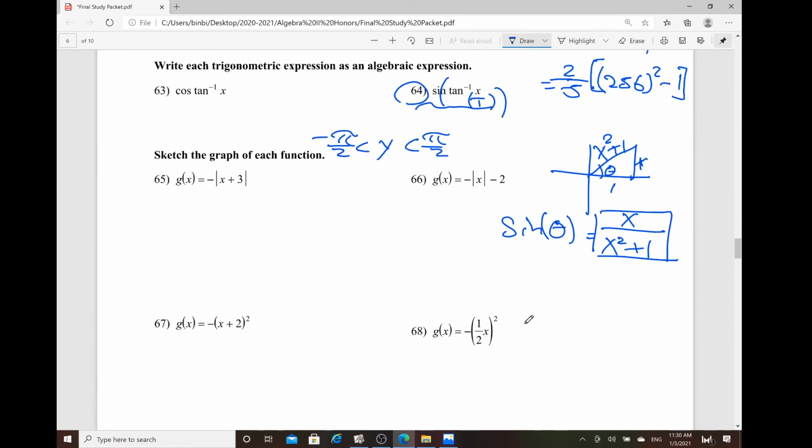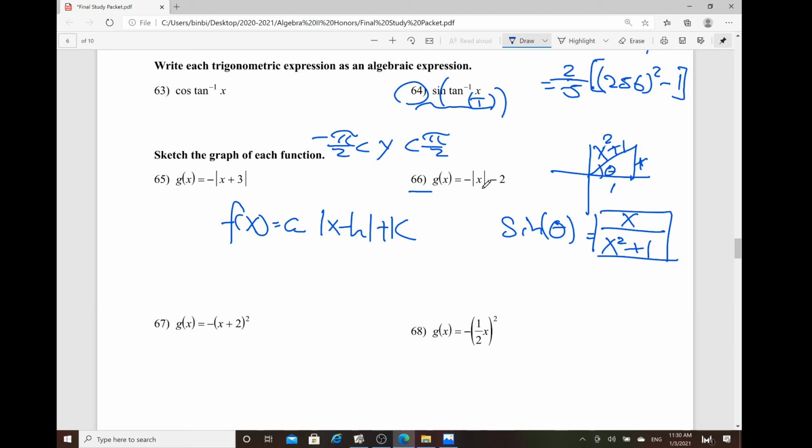Okay, so now the rest of this is all about transformations and making a graph. It's all about the form. For the absolute value, it's always given as f of x equals a times the absolute value of x minus h, plus k, where h and k is the center, and a is the slope from both sides, positive and negative. So take a look at number 66.